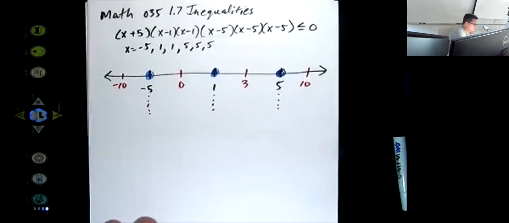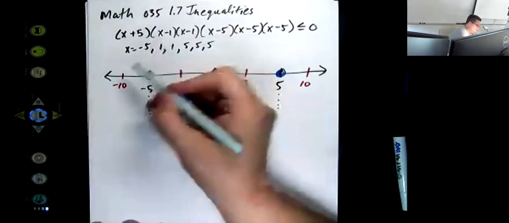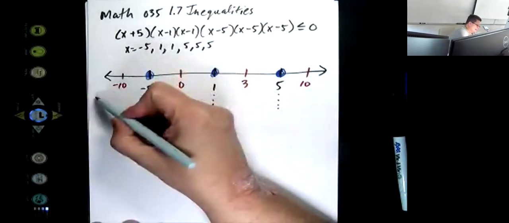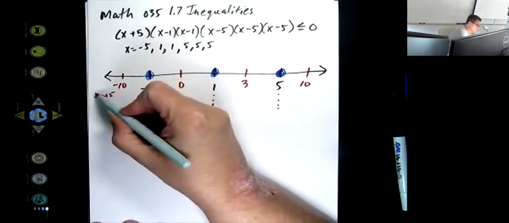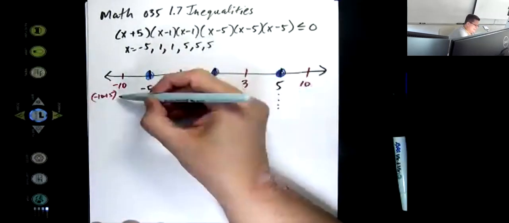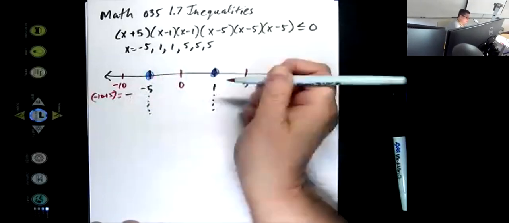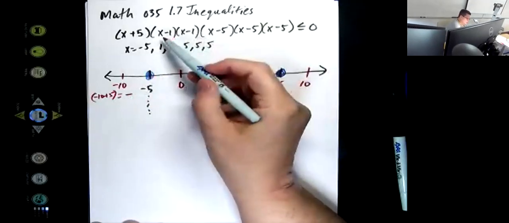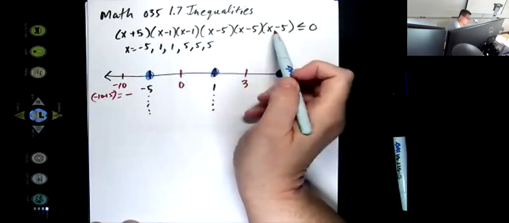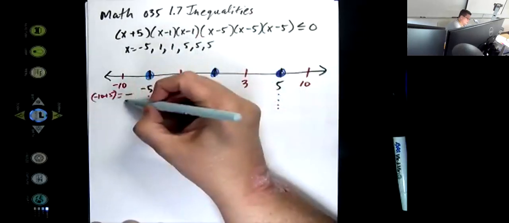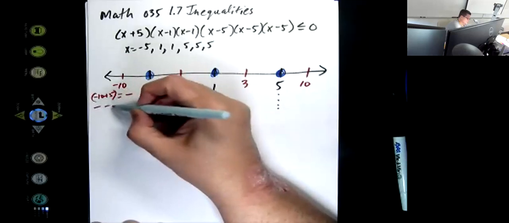So I'll do the first one. I want you guys to do the rest. What you're doing is you're plugging -10 into each of the parentheses. And all you need is the sign. -10 plus 5 is -5, it's negative. So the first, all of them are going to be negative here. I should have 6 negatives here.